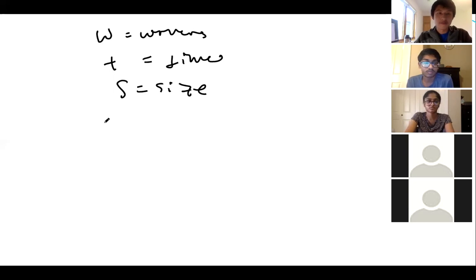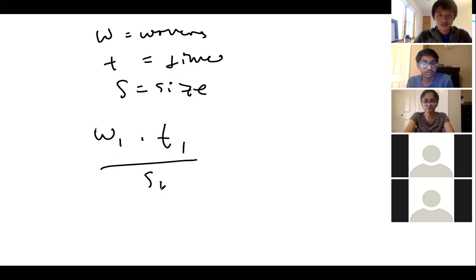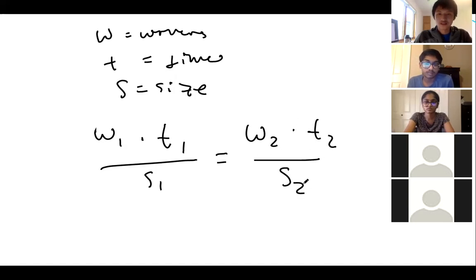So let's say W1, the first number of workers, times T1, the amount of time for the first group, divided by S1. This ratio will still be true for W2 times T2 over S2 for a different set of workers.